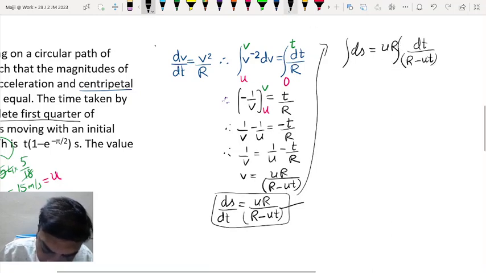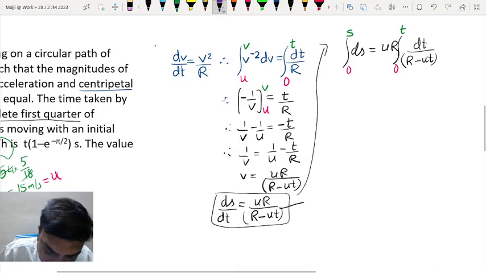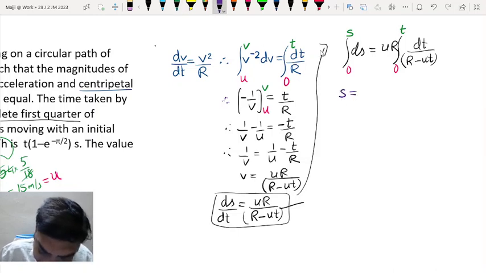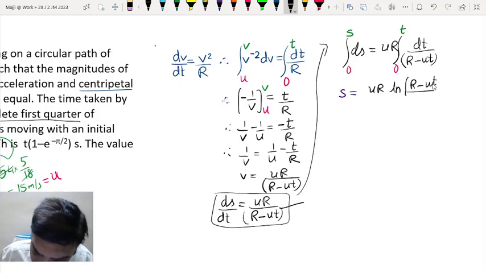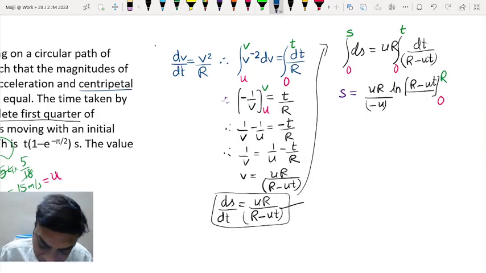Integrating both sides. So initially time was 0 and displacement was also 0, and right now let us say time is some t and displacement is s. So after integrating, on the left hand side you will get s, whereas the right hand side will be ur into log natural of r minus ut, whole divided by minus u, integrated between limits 0 to t.